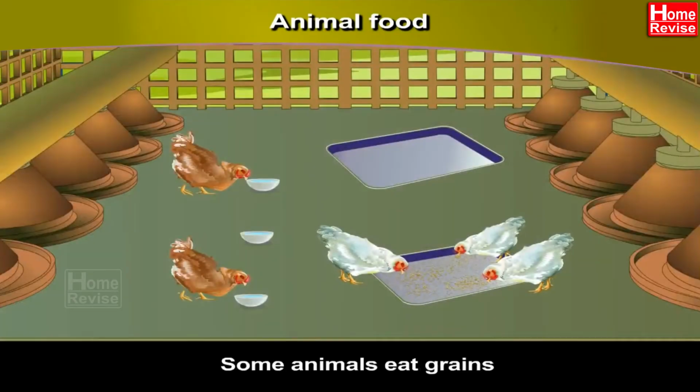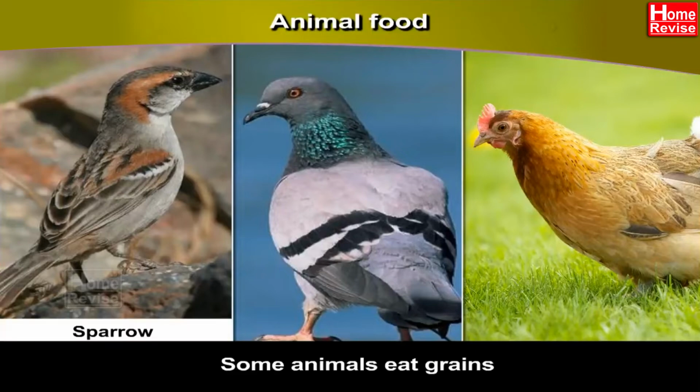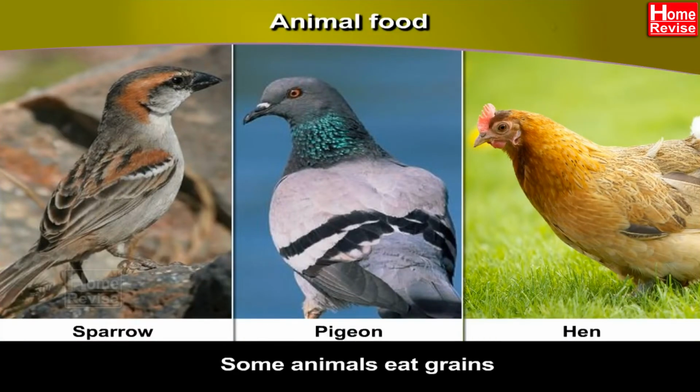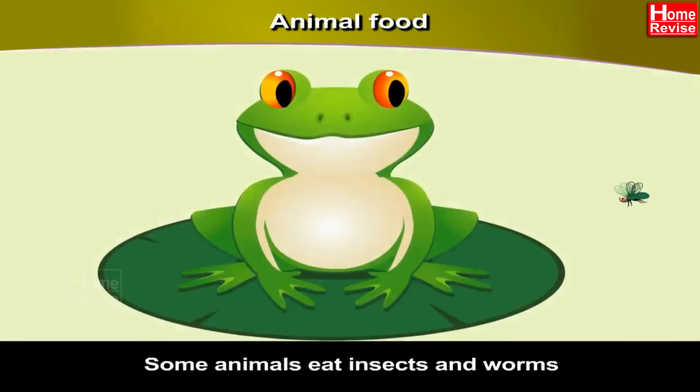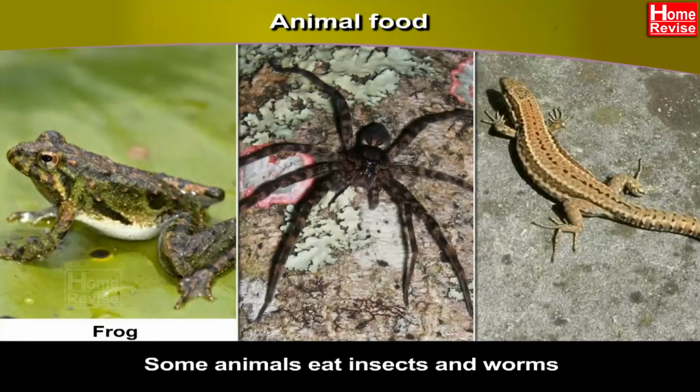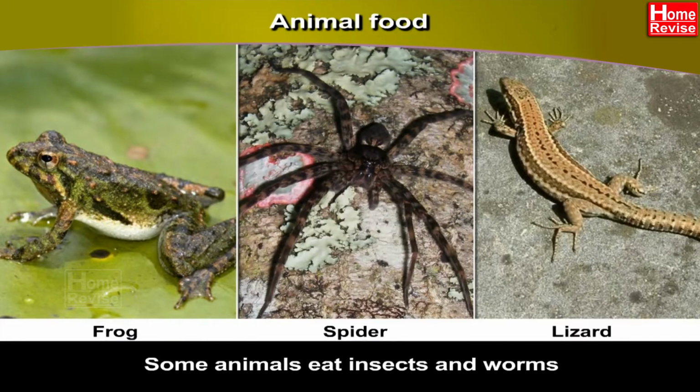Some animals eat grains, like sparrow, pigeon, hen. Some animals eat insects and worms, like frog, spider, lizard.